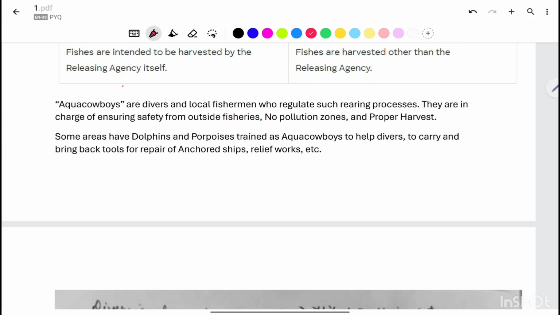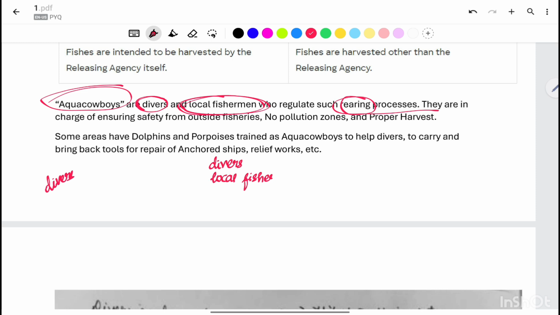Now, what are the roles of aqua boys? Who are aqua boys? They are divers or even the local fishermen. They regulate the rearing processes. Divers, and then the local fishermen who are helpful in the rearing processes.